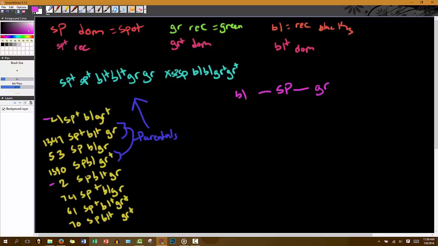So to find the numbers between them is pretty simple. They make it sound really hard when they're giving you the problems. So between BL and SP, you look at the parents. They're either both positive or both negative. So you do not count the parents for these, because you're looking for non-recombinant children.